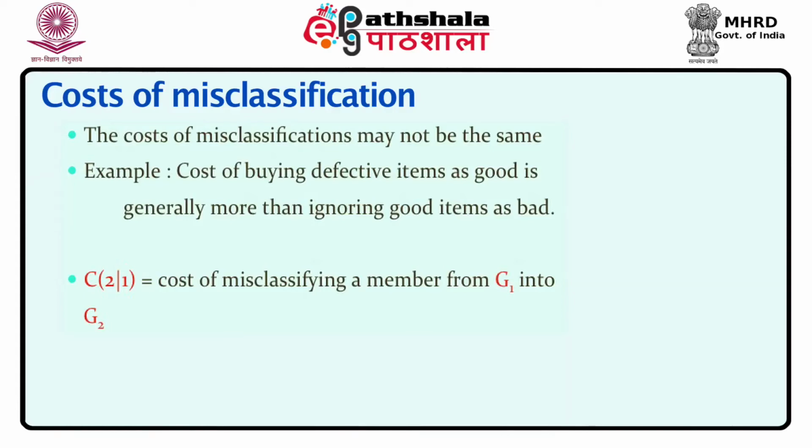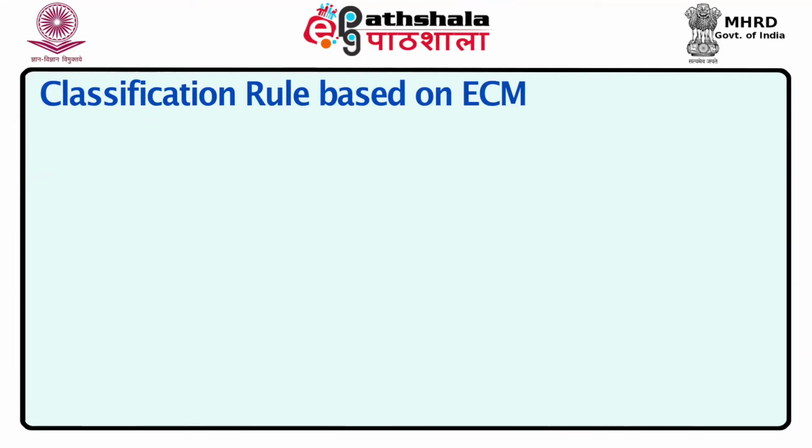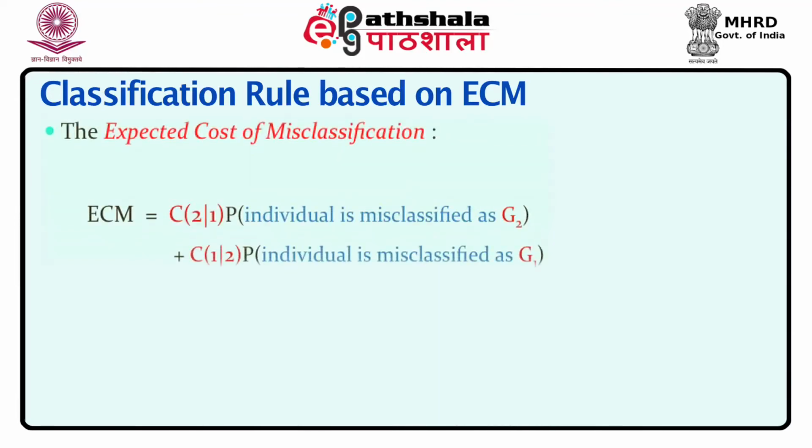Now let C(2|1) be the cost of misclassifying a member from G1 into G2. So given that he comes from G1 and has been placed into G2, the cost of this is C(2|1). Similarly, C(1|2) is the cost of misclassifying a member from G2 into G1. Now a classification rule based on what is referred to as the expected cost of misclassification is given this way. First we need to find the expected cost of misclassification.